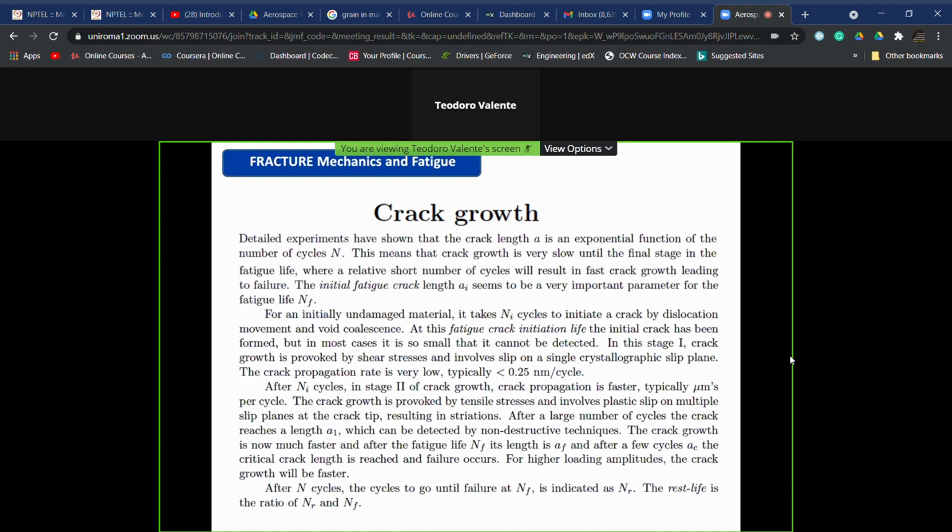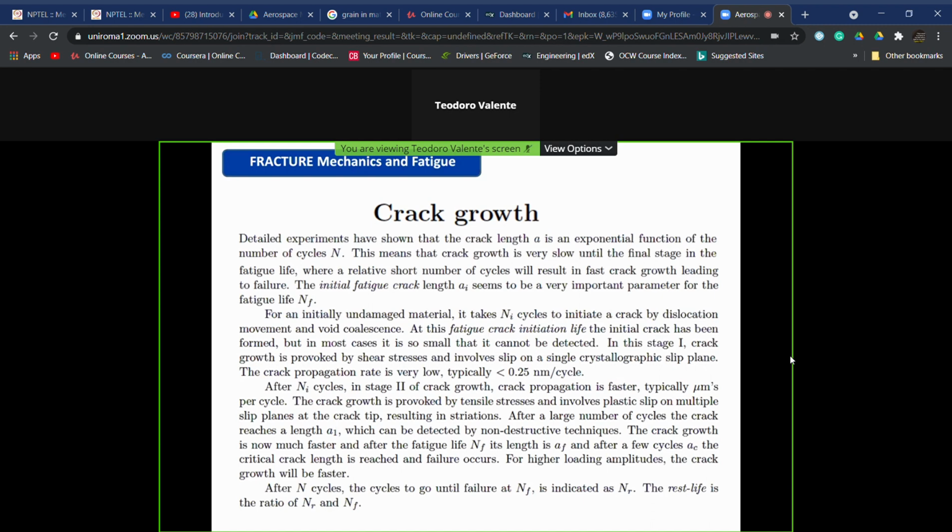After a large number of cycles, the crack can reach a length that we can call, for example, a1, which can be detected by non-destructive techniques.